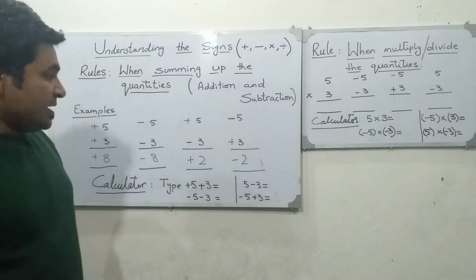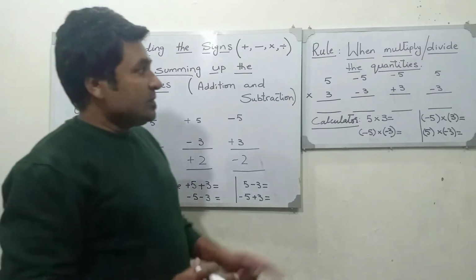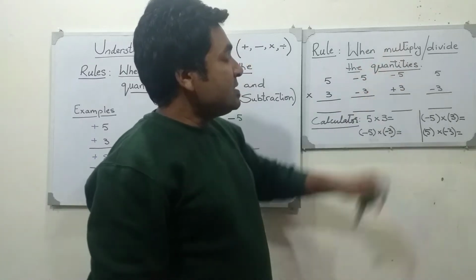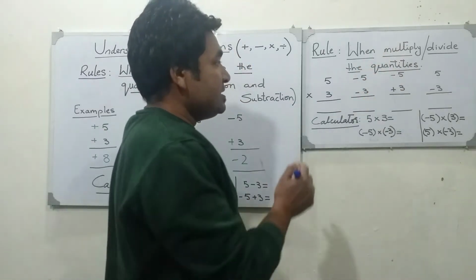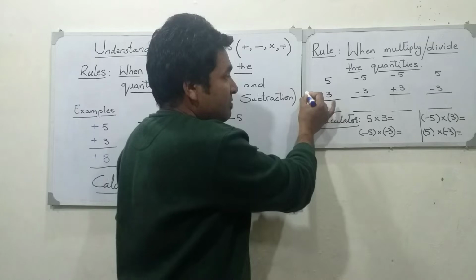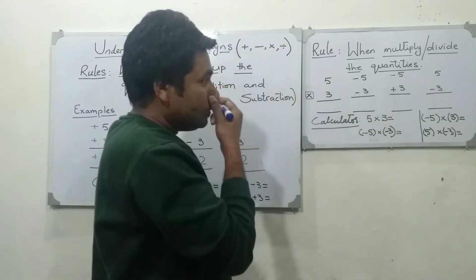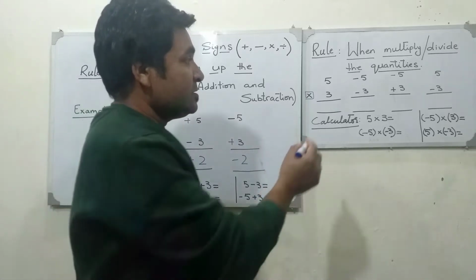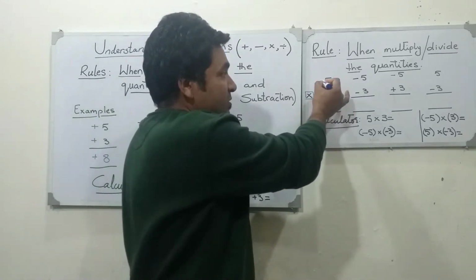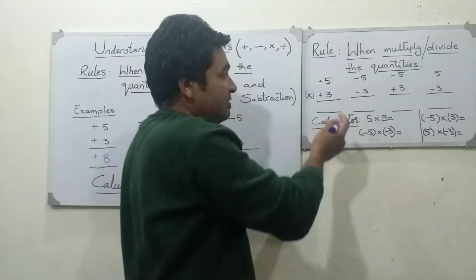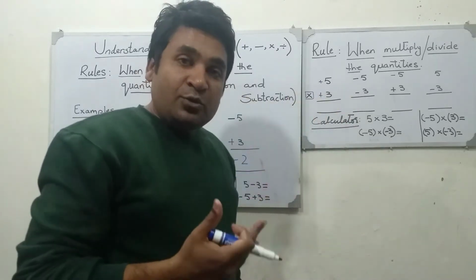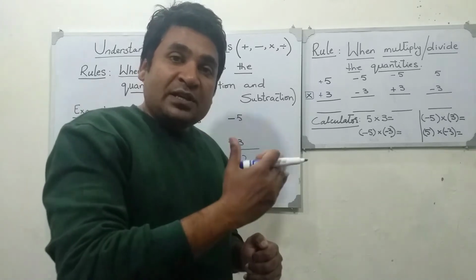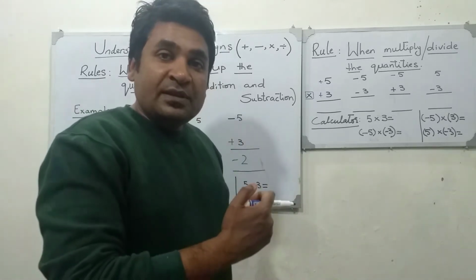So students, now when we are multiplying or dividing the quantities, I have used the multiply sign only once because the board size is small. Look, when we multiply, this is positive and this is also positive, and here you apply the rule which you have learnt about the signs, that positive times positive is positive.